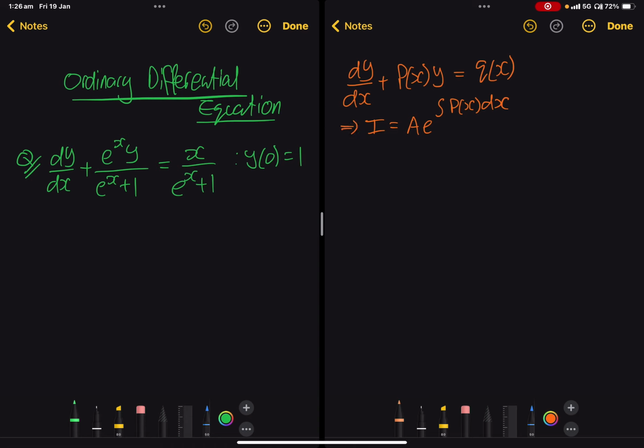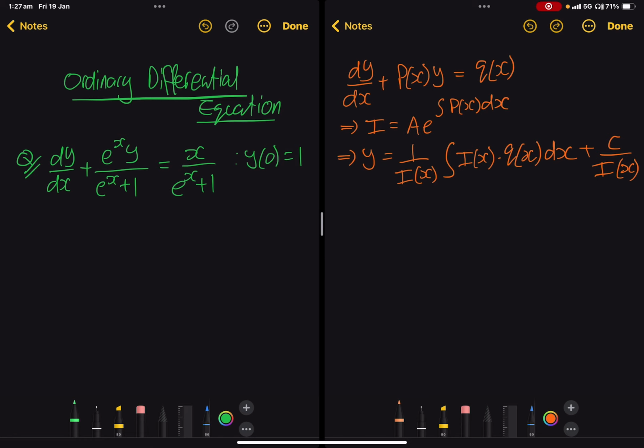If we have this integrating factor, this implies that the solution y is equal to 1 on the integrating factor, I of x, times the integral of the integrating factor, I of x, times q of x dx, plus c over I of x. Now this just comes from the integral. This is just a constant that we would get when we did the integral. But this is the format that we're going to be using here.